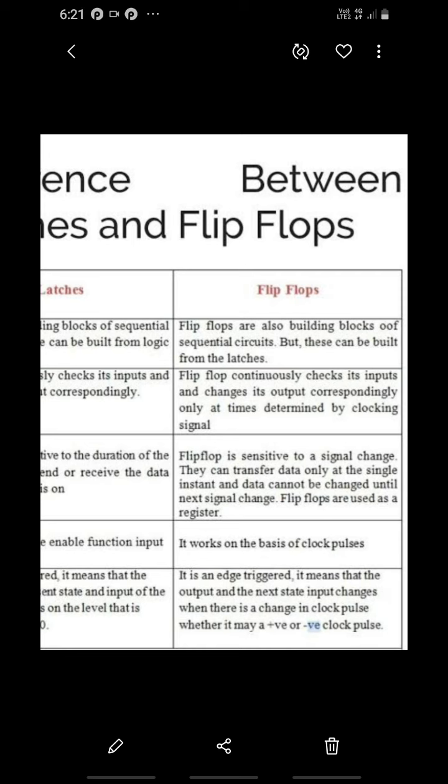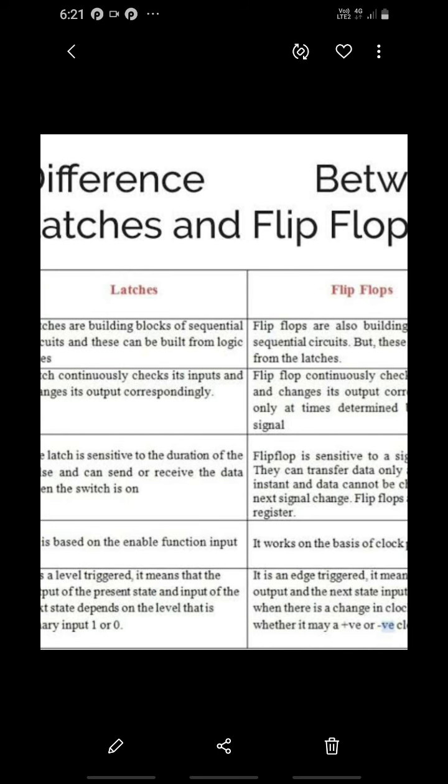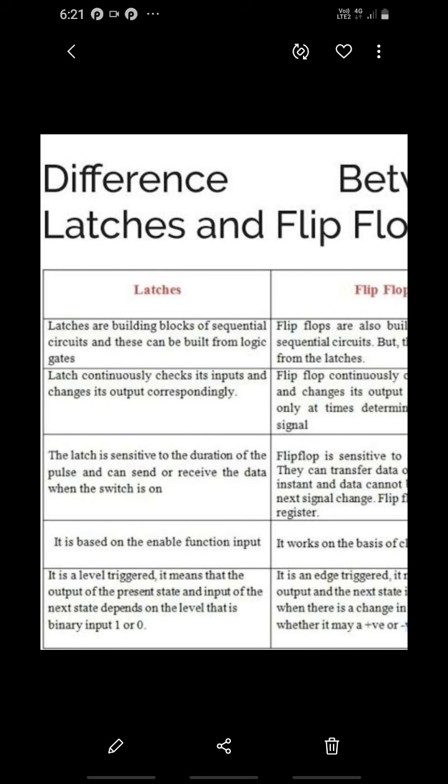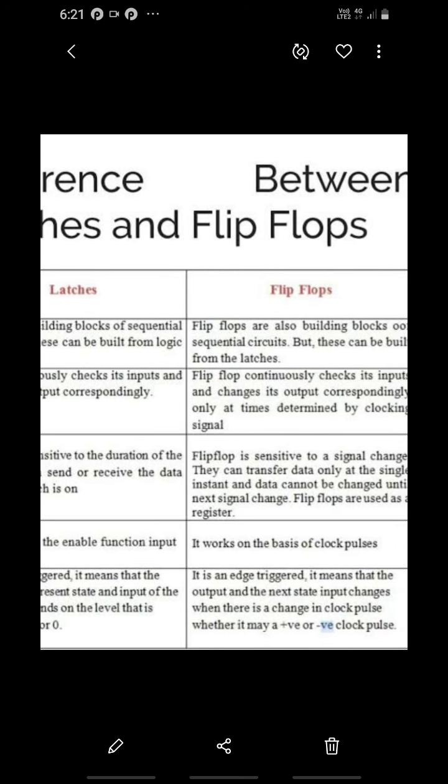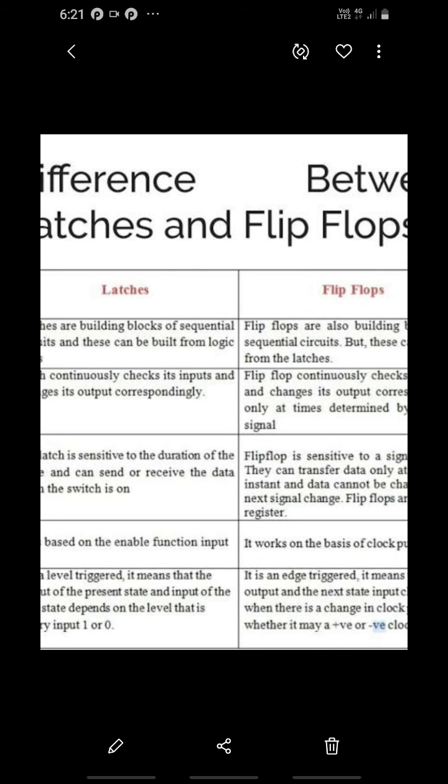Flip-flops are used as a register. It is based on the enable function input. It works on the basis of clock pulses.